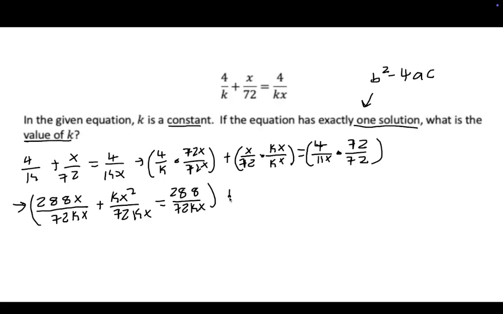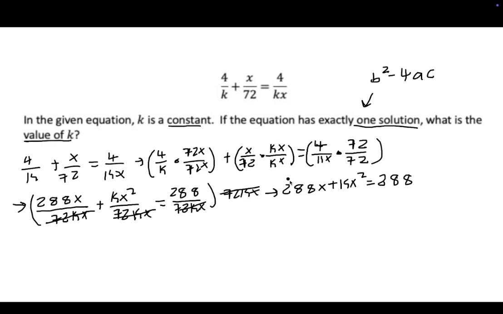So now we can cancel out the 72kx on each side of the equation, so we can just deal with our raw numbers. We're going to have 288x plus kx squared equal to 288.